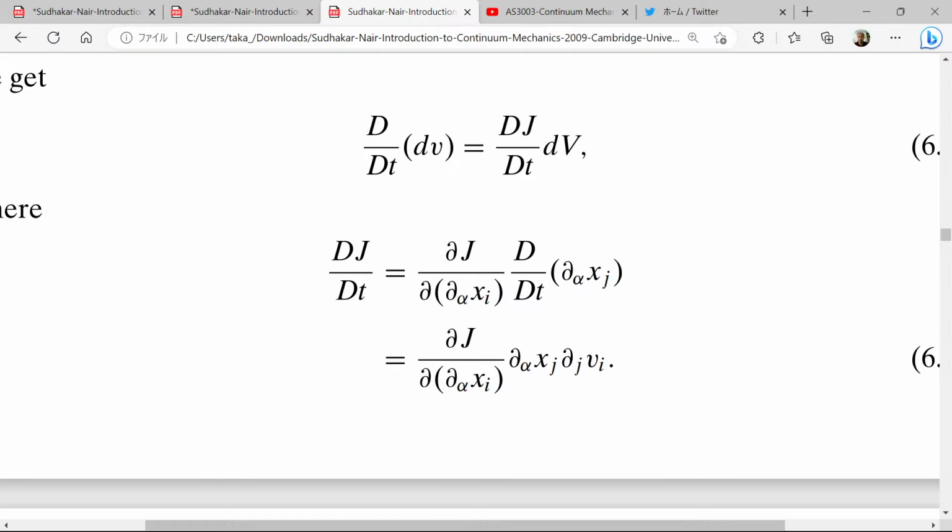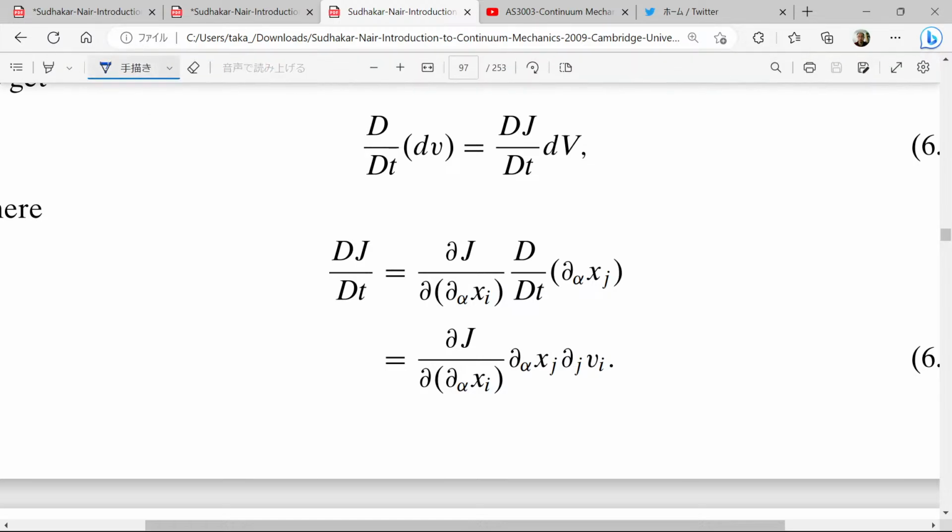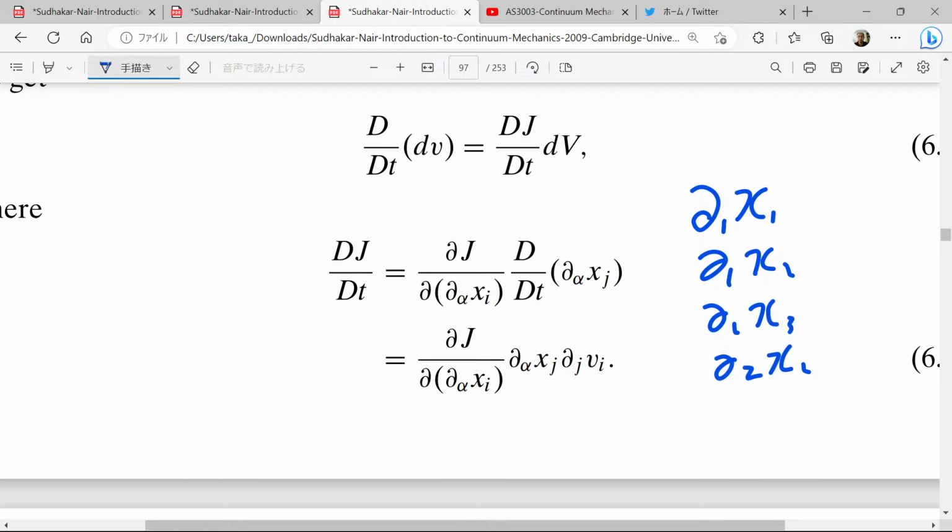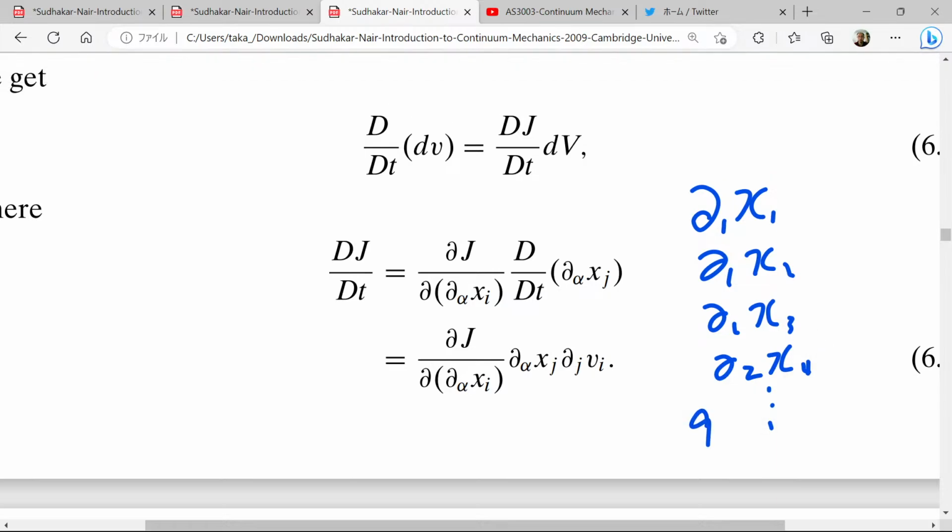Okay, here because j is a function of 9 parameters. This is, for example, partial 1 x1, partial 1 x2, partial 1 x3, partial 2 x1, blah blah blah. 9 parameters. Right?